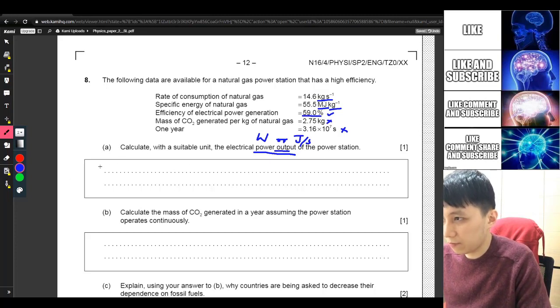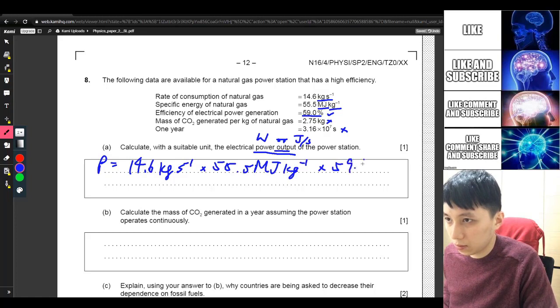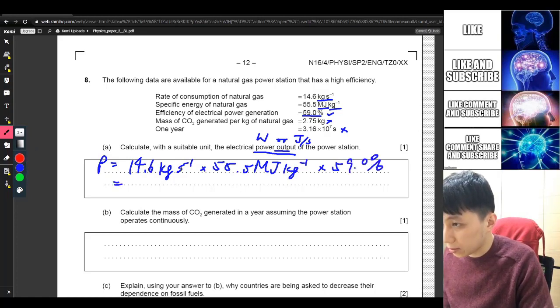So we have power, 14. I think for this case, if you want to, you can write the unit as well. Okay, so eventually you can see that the kg will get cancelled out, leaving you with the unit of megajoule per second.